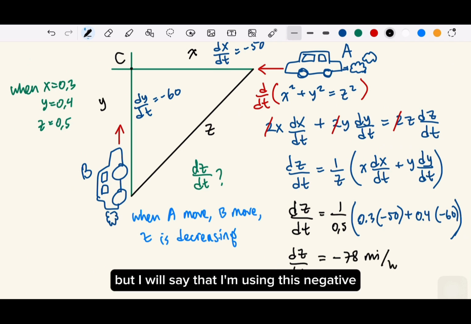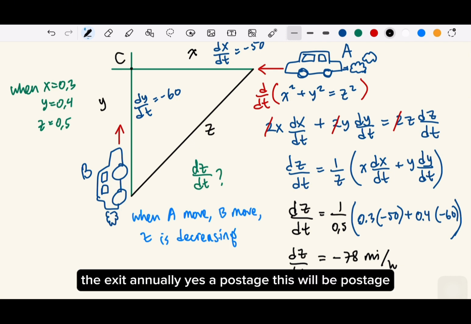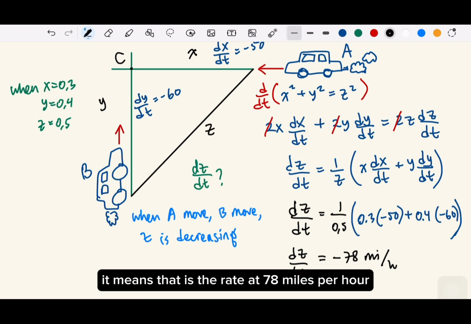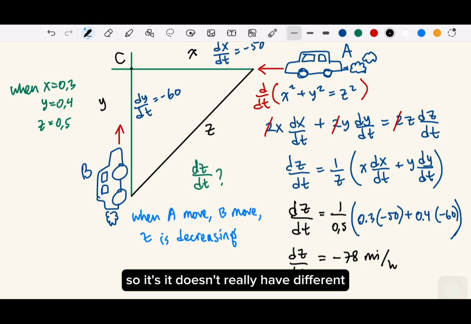But I will say that I'm using this negative because I define the negative as decreasing. If you state the first dx/dt and dy/dt as positive, this will be positive. But the meaning is the same. It means that it is the rate at 78 miles per hour. Okay? So it doesn't really have a different conclusion.